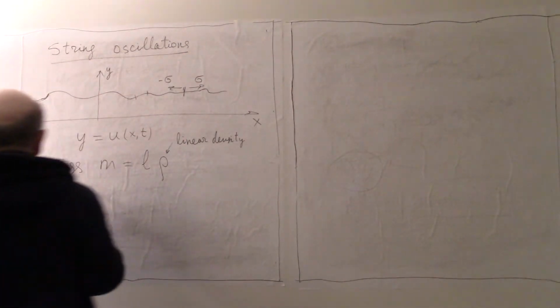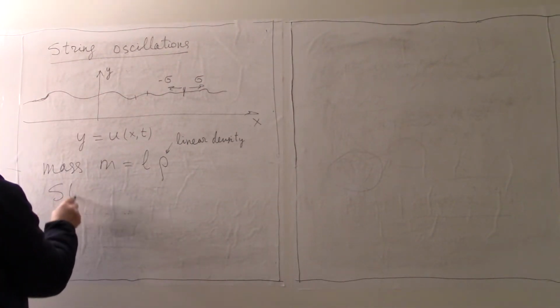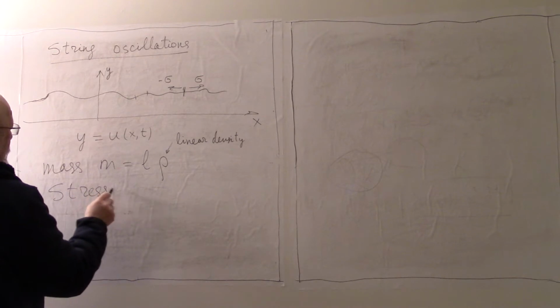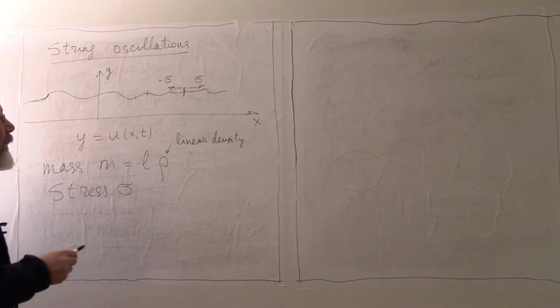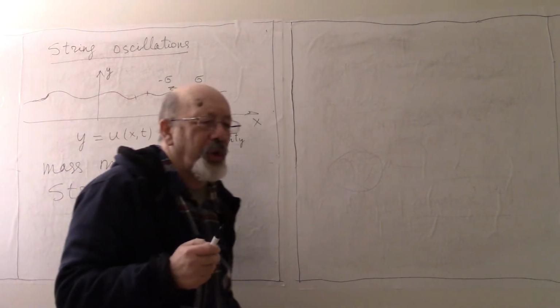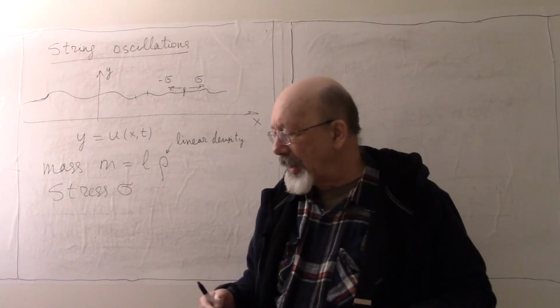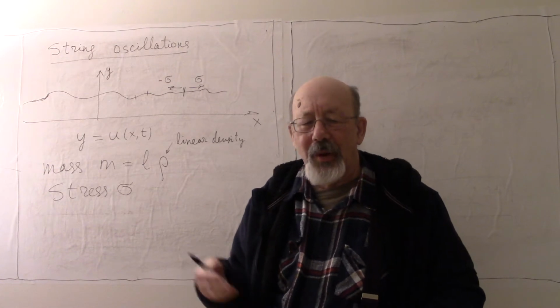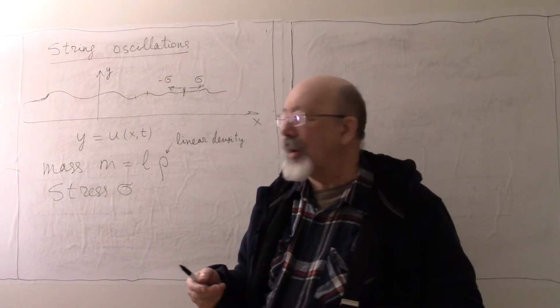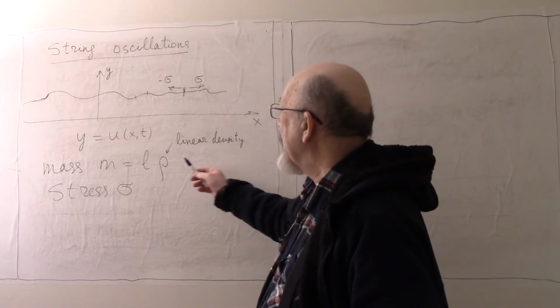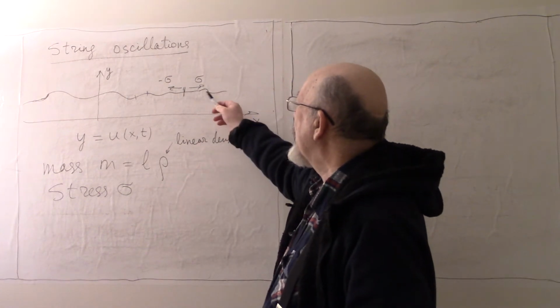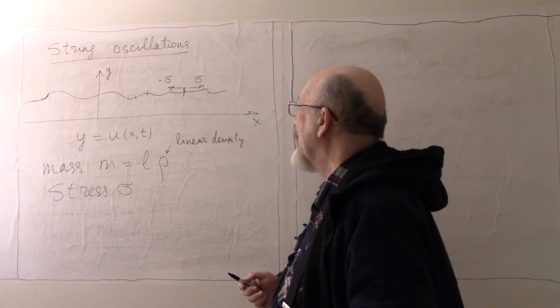So stress sigma. These are two parameters which are given from the beginning. It is part of the data of our problem: the stress and the linear density.